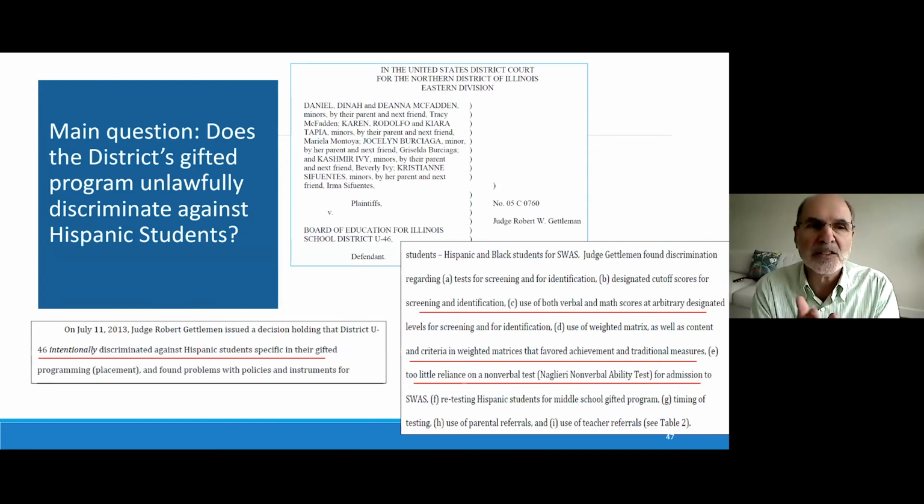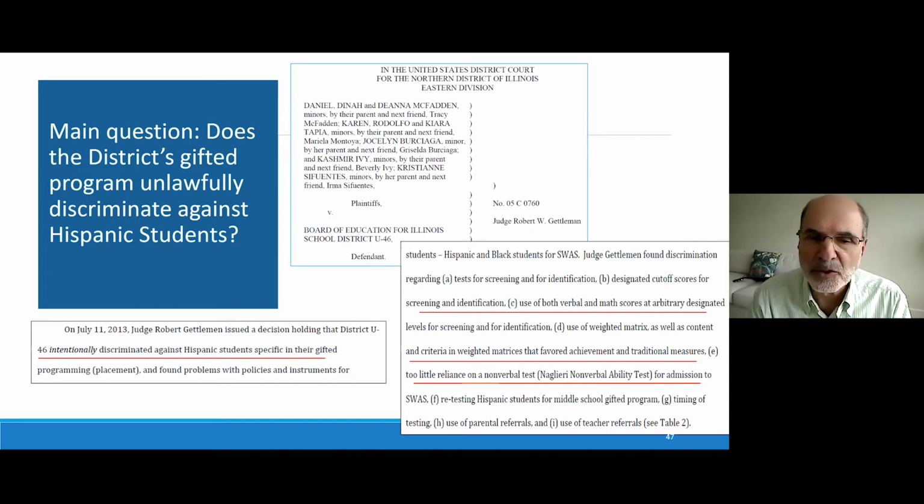In this school district in Elgin, Illinois, the population is 43% Hispanic. The gifted program is 3% Hispanic. Seems a little bit out of balance, right? Obviously, it is. For whatever reason, they're not finding these Hispanic kids as gifted.